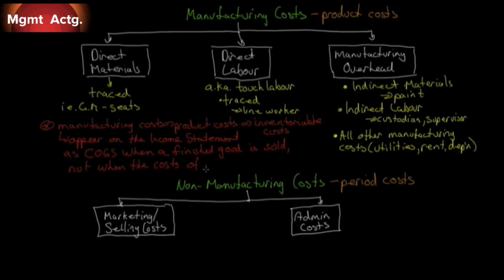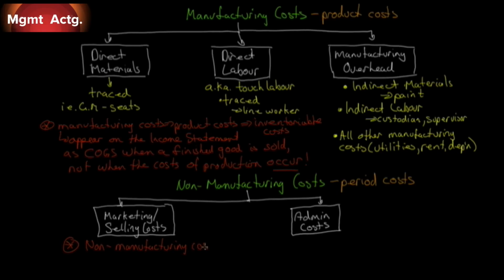That's very important to understand, that production costs are carried in inventory. They become an asset, not an expense. They're only expensed when the item is sold. When we look at non-manufacturing costs, on the other hand, these, you'll recall, are what are called period costs because they occur within a specific period of time.